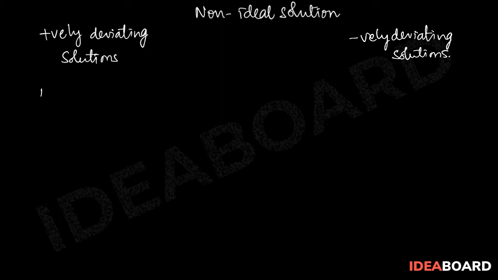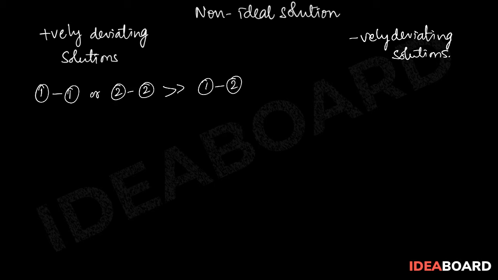So here very simple, interaction between solvent or interaction between solute particles is much greater compared to the interaction between solute and solvent. So if the interaction between solute and solvent, that is 1 and 2, is much less compared to the interaction between the solvent and the solute among themselves, then it is going to be positively deviating solution.